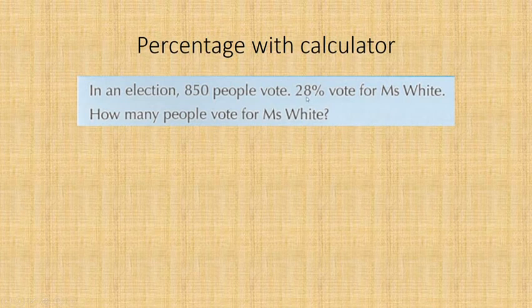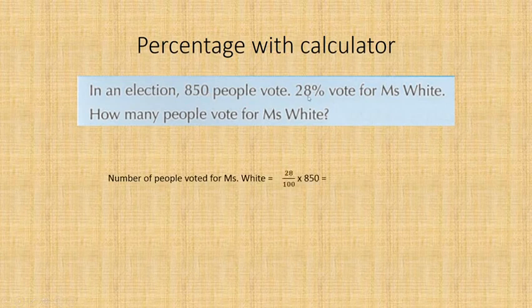It's very simple. I'm just multiplying 28% times 850. So I changed 28% to a fraction, 28 over 100, and then multiplied by the number 850. Using the calculator, the answer is going to be 238 people.